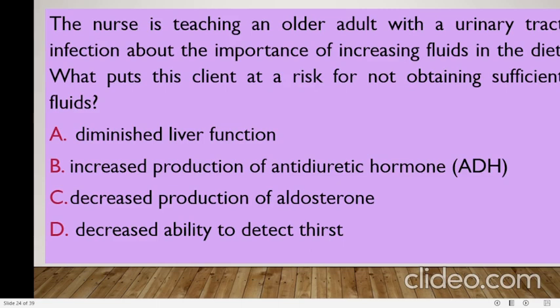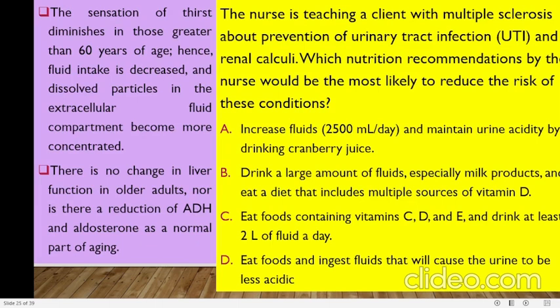When thirst is not there, and we know that thirst is controlled by the control center, then fluid balance may be a problem. So the correct answer is D. The sensation of thirst diminishes in those older than 60 years of age. Hence, fluid intake is decreased.